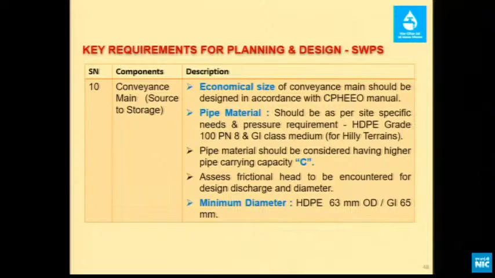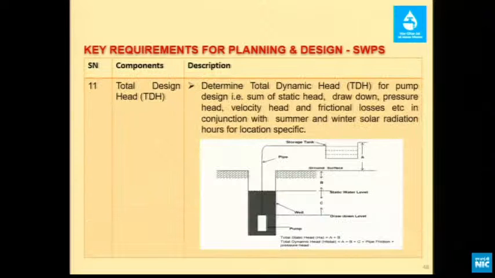I need not talk about the conveyance and main house system, as Rana has already defined it. For planning purposes, I need quantity and head. This is engineering practice. Here the total design head has two conditions. Minimal radiation I get somewhere in August, and the depleted water condition is in May and June.